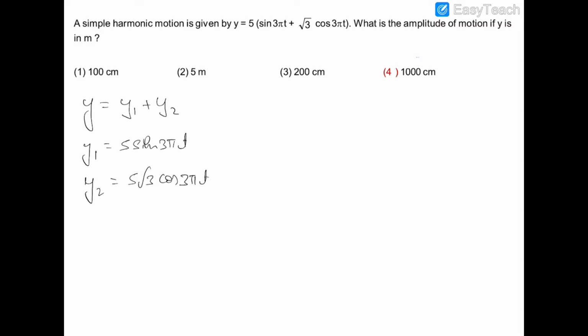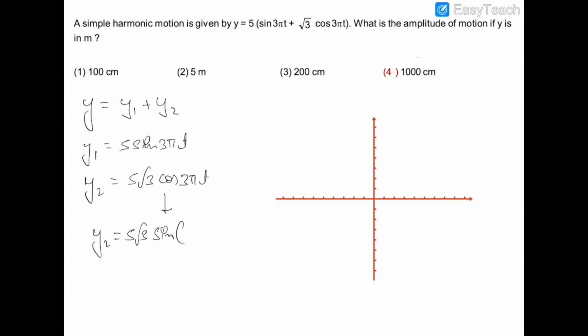So this is y1 and y2. So we have to find out the amplitude of the resultant SHM. So if we draw the phasor diagram, we can write down this y2 as 5 root 3 sin 3 pi t plus pi by 2.